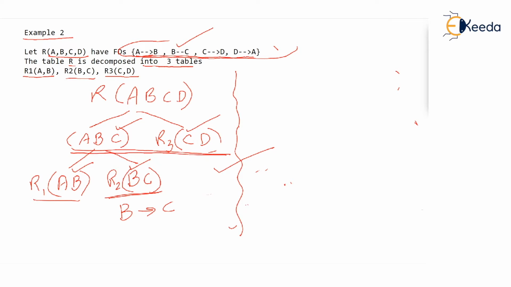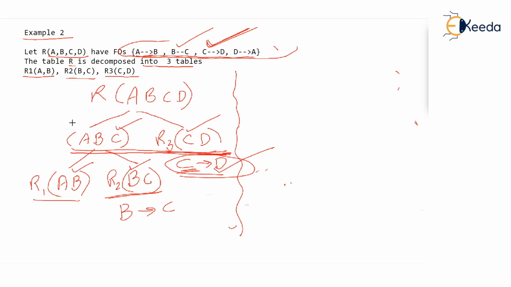But then C has to be a candidate key in one of the tables, and you watch from the original dependency list, C determines D is there. So C determines D is true for R3. Then R3 has C as the candidate key and C is the common attribute. Hence, this decomposition is lossless.